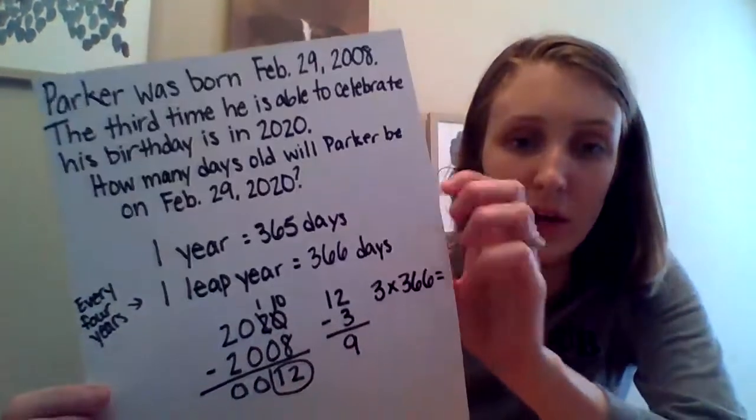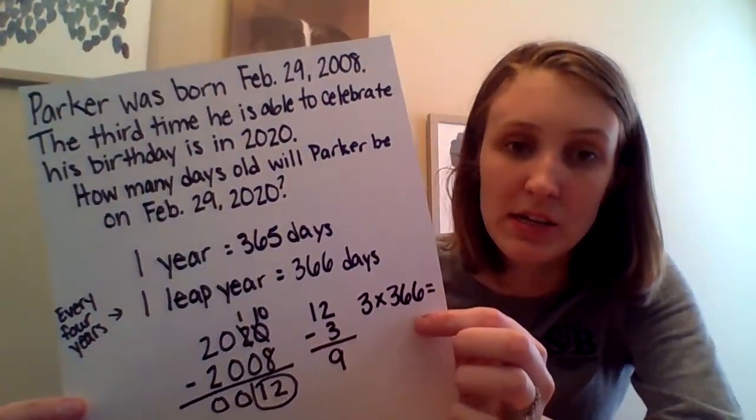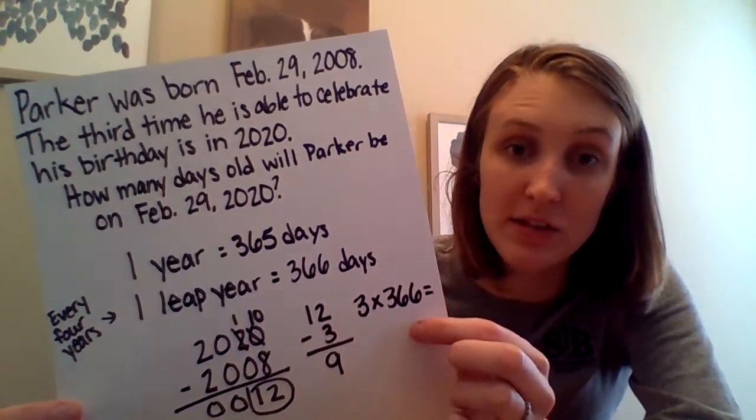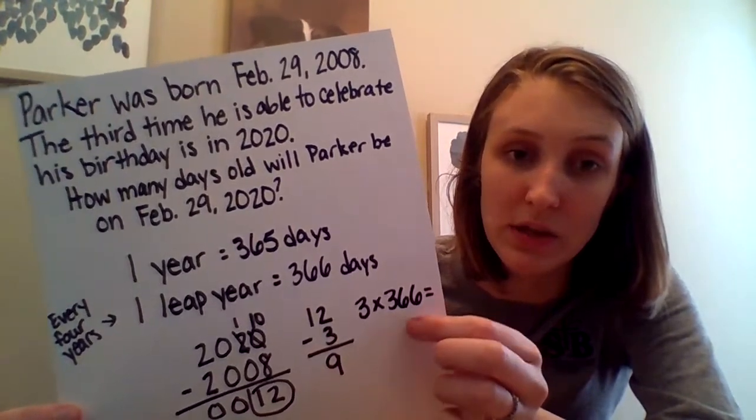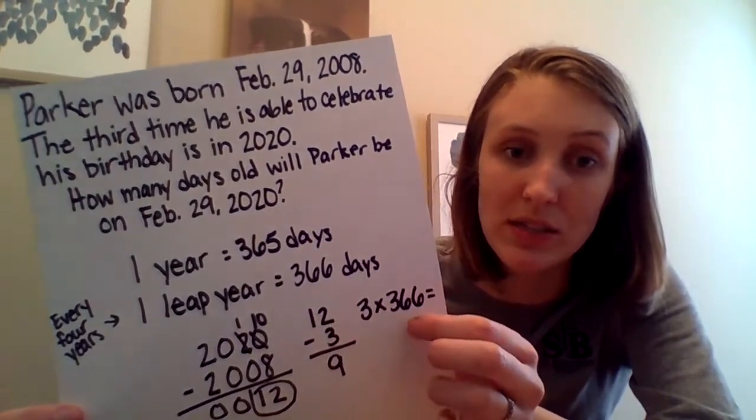For each of those 3 years, there would be 366 days. So I'm going to do 366 times 3. Go ahead and at this time, figure out how many days would be in each of those leap years. 3 times 366. Pause the video if you need to.